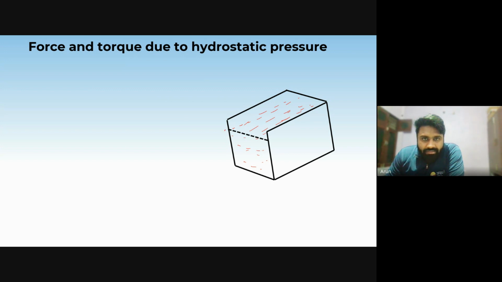Let the height of the water up to which it has been filled be capital H, and the width of the dam be b. This axis, a, you will take as a reference line, and this is termed as O.